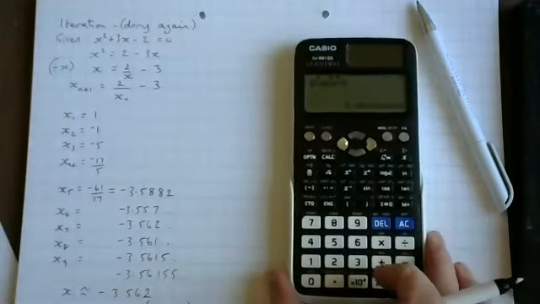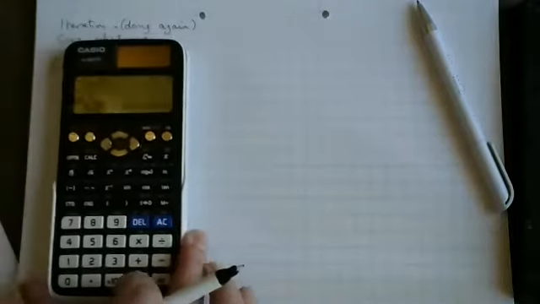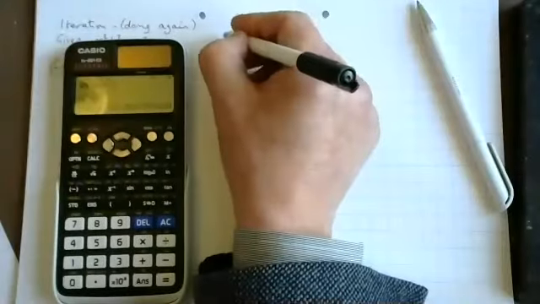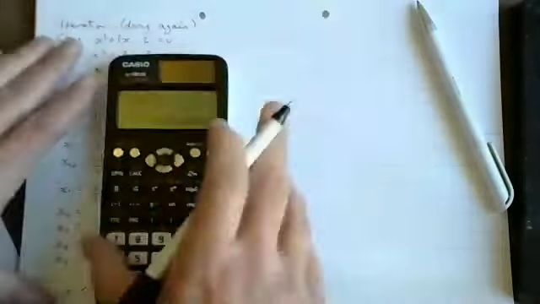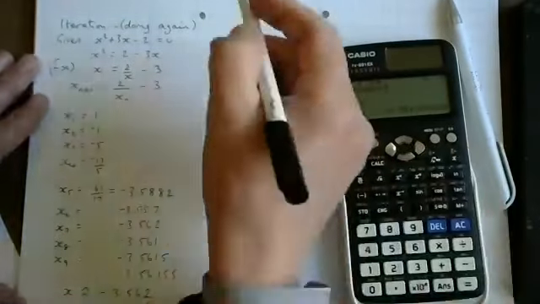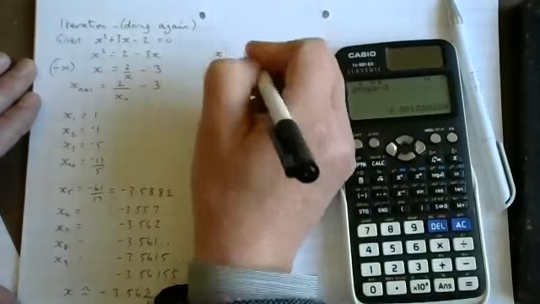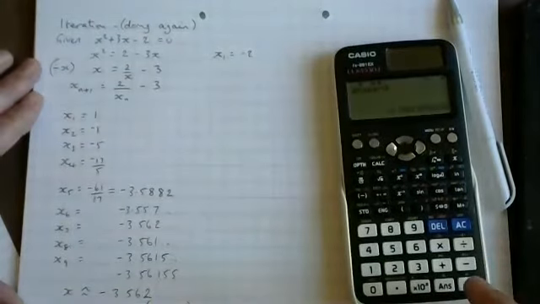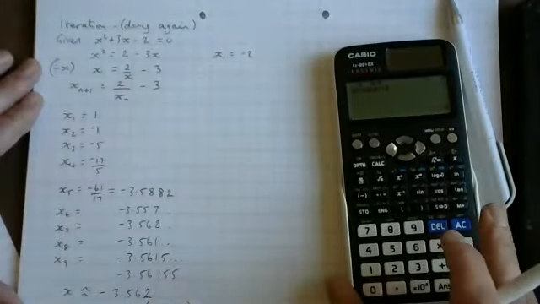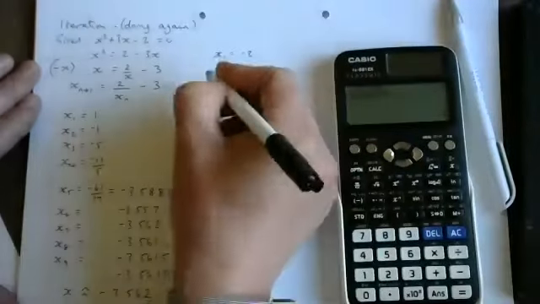The answer now is -2. So x1 is -2. x2 is -4.